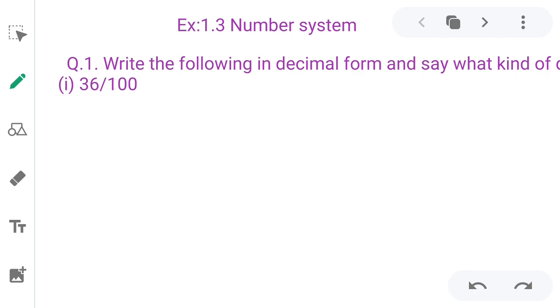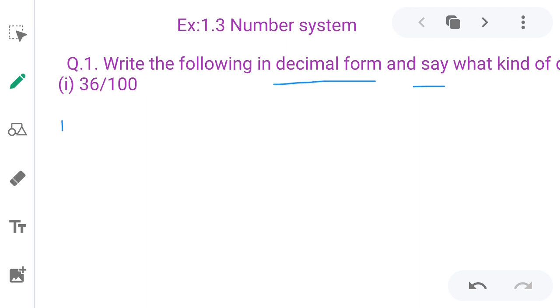In this question we have to first write them in decimal form, then we have to say what kind of decimal expansion it is, means we have to classify them as terminating, non-terminating recurring, or non-terminating non-recurring. So let's check the first one.